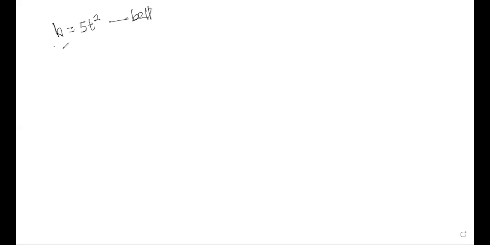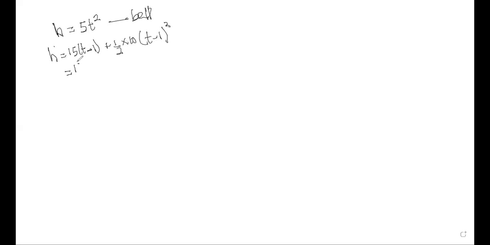So this is for the ball. This is for the ball, and then the stone, we have h equals 15(t minus 1) plus half times 10 times (t minus 1) squared.